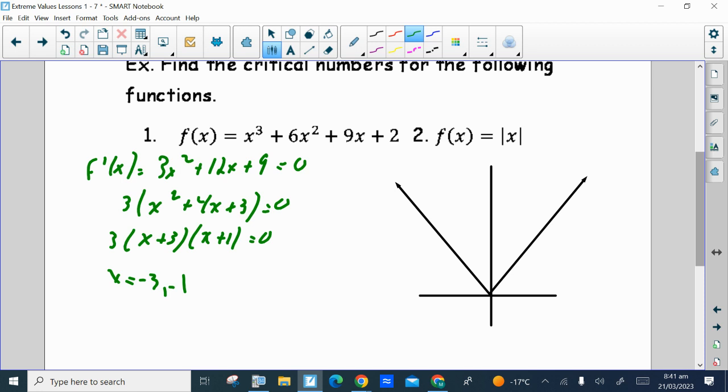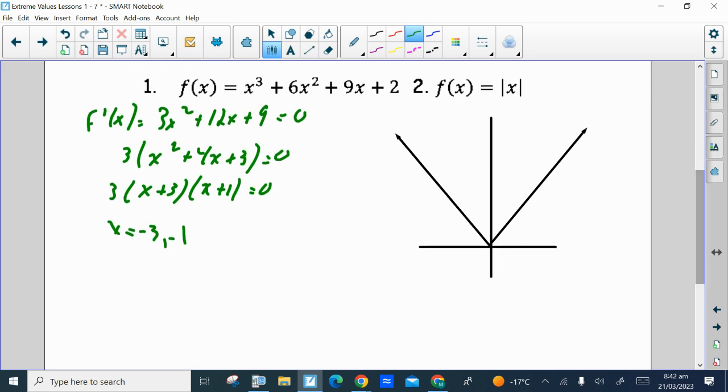Now the second one is f at x equals the absolute value of x. Well, there is no rule that we have to differentiate an absolute value function. It's not like you can write x to some power instead of using the absolute value symbols. It just doesn't exist. And once again, in this case here, this graph comes to a corner, okay?